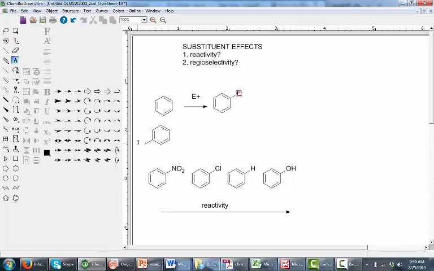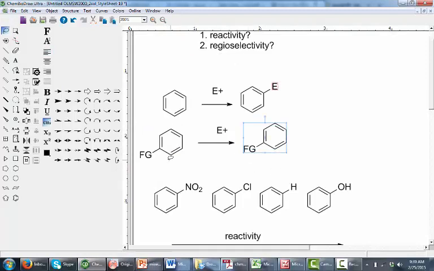So here let's put in FG, that stands for functional group. And I want to do the same reaction now with an electrophilic aromatic substitution. The question now becomes, what effect does that functional group have, this FG, on the rate of the electrophilic aromatic substitution? How reactive is this molecule now that it has a functional group?